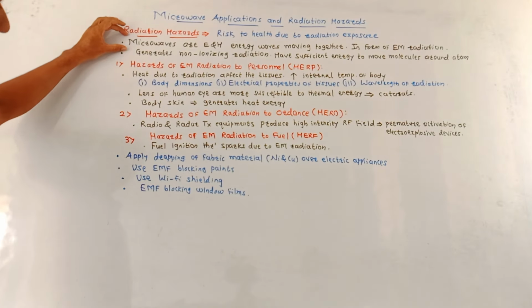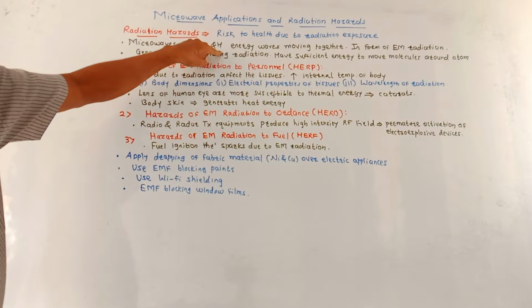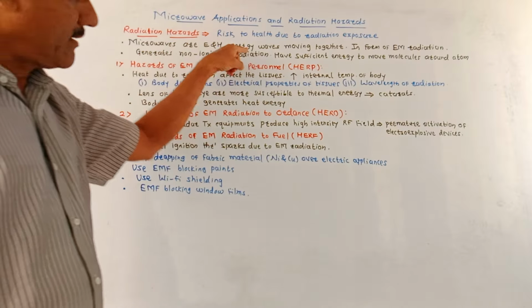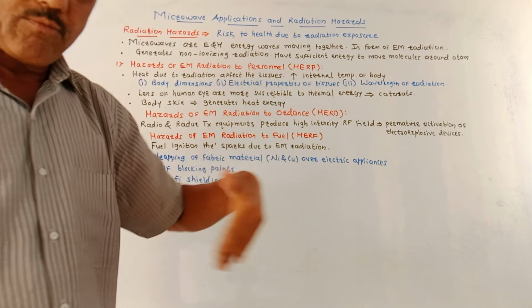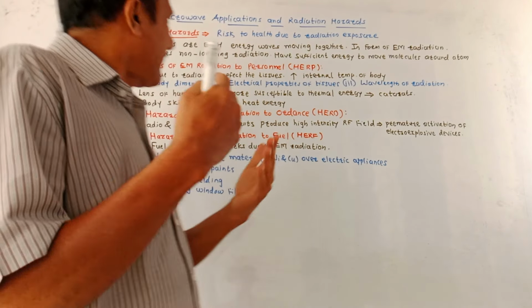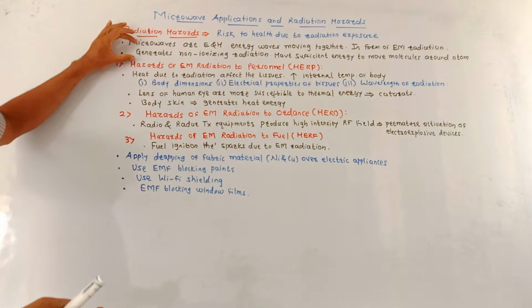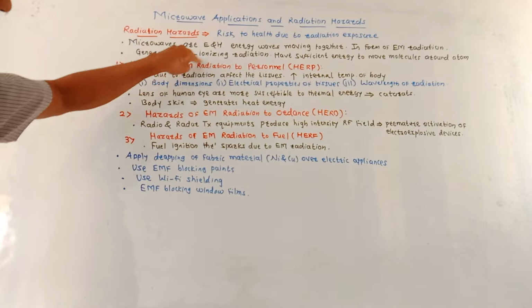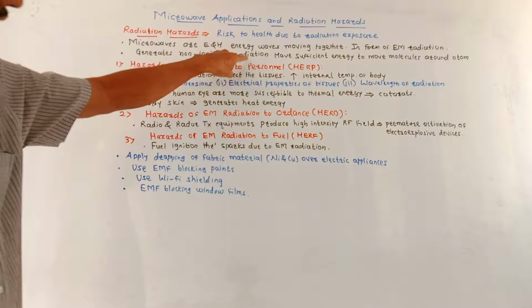We know that microwaves are E and H, that is electric and magnetic field energy waves, which are moving together. This forms the electromagnetic radiation. This radiation is of the non-ionizing type.